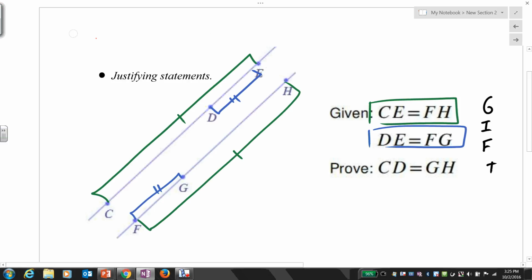And we're going to be asked to prove that CD and GH are somehow equal to each other. So once again, if the big segments are equal and the little segments are equal, how do you know the medium segments are equal? Just take a few seconds and talk that through to yourself.